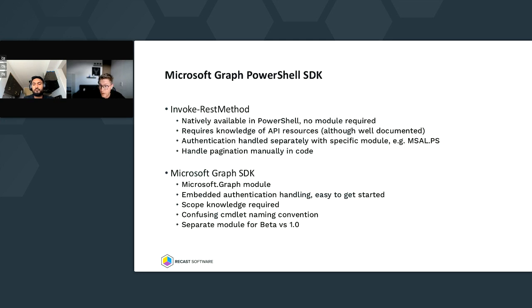How can I interact with Graph? When I use PowerShell, I have two possibilities. One is the very manual possibility, which is also the one I like most: Invoke-RestMethod. This means I copy the URL as I showed you before from my browser, or I look at the documentation or in Graph Explorer, figure out what is the right endpoint, and then I make an Invoke-RestMethod call.